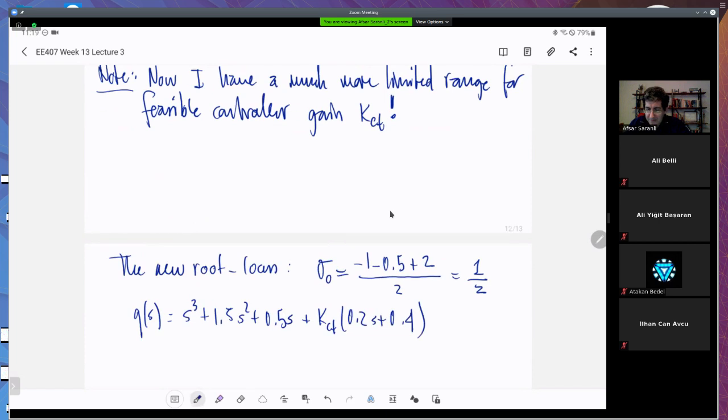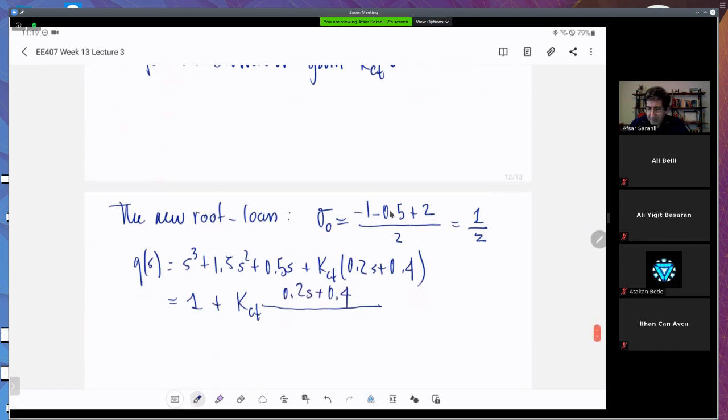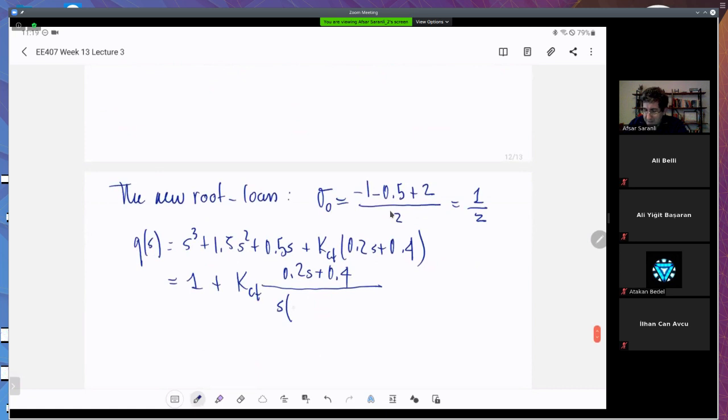So that is 1 plus KC, I am putting it into KC parentheses here, so I will have (0.2 s plus 0.4) divided by (s squared plus 1.5 s plus 0.5).